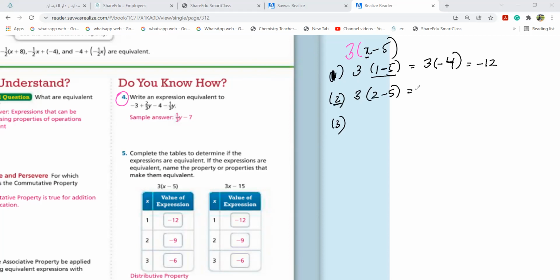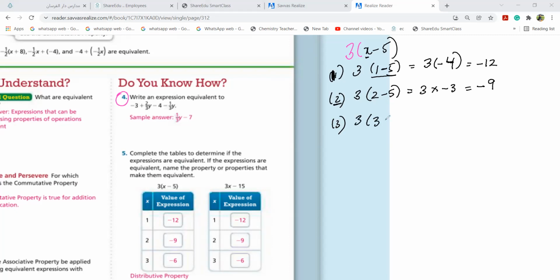How do you do this? 3 times? Do the parenthesis first and tell me. Negative 3. Negative 9.